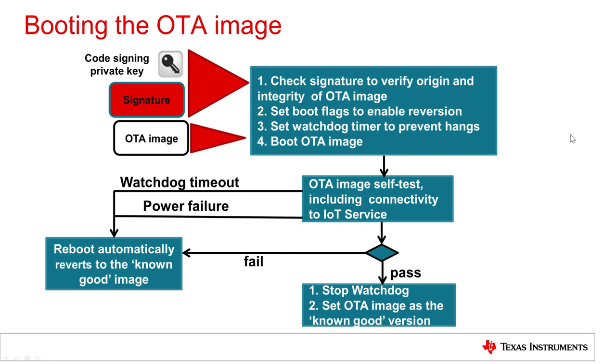While of course we've already checked the image signature when we did the download, having the bootloader also check this is important because it's conceivable that physical attacks on the device might attempt to replace the image in the device with a malware image by inserting, for example, a new memory chip. And in that case, secure boot would prevent this from being successful.